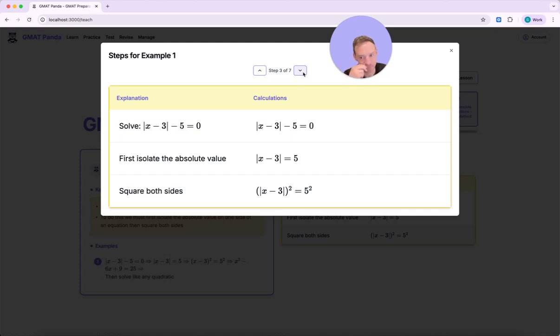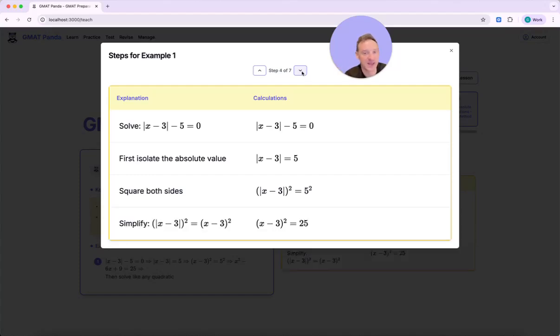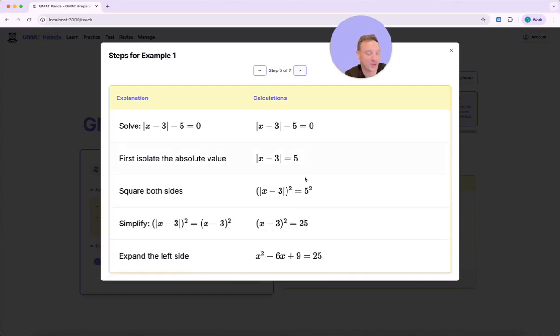Why? Because an absolute value turns a negative into a positive, and it leaves a positive as is. So effectively, it doesn't change anything other than the sign, but the square of something is always positive, and therefore we can just forget about the absolute value. It has no effect. And then at this stage, we get a normal equation.